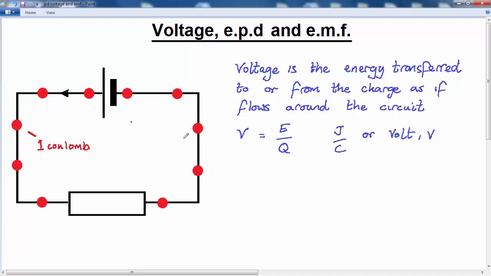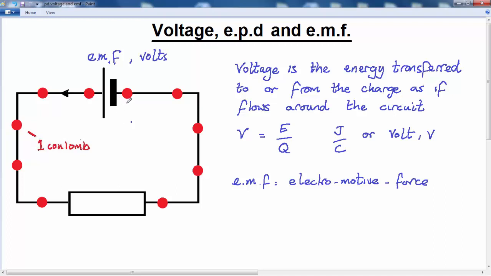In this case, we call that energy transferred the EMF of the generator. Okay, and the EMF is the electromotive force. And it is the electromotive force which pushes the current around the circuit. So the electromotive force basically is the voltage supplied by the generator, and that is measured in volts.